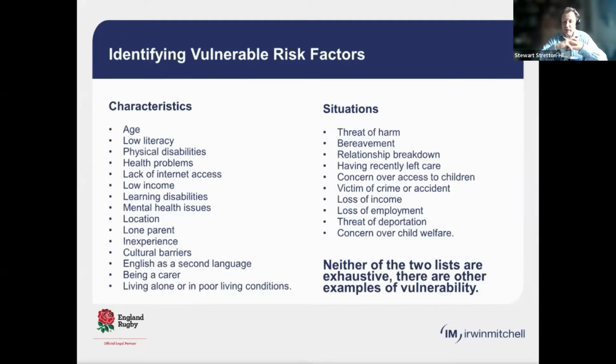They might have poor language skills, but again, just because they've got poor language doesn't necessarily mean they're vulnerable. But there's a whole list of things, like I've put up there on the screens. You know, low income, learning disabilities, where they live. If you're seeing a client remotely, that might place them in a vulnerable situation because they're not there face to face with you.